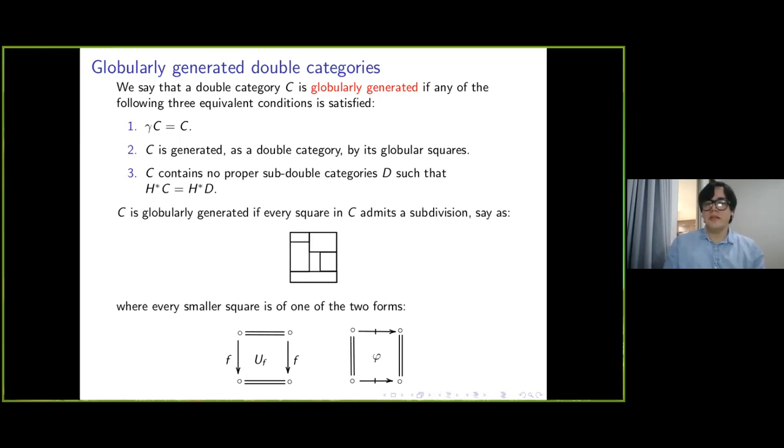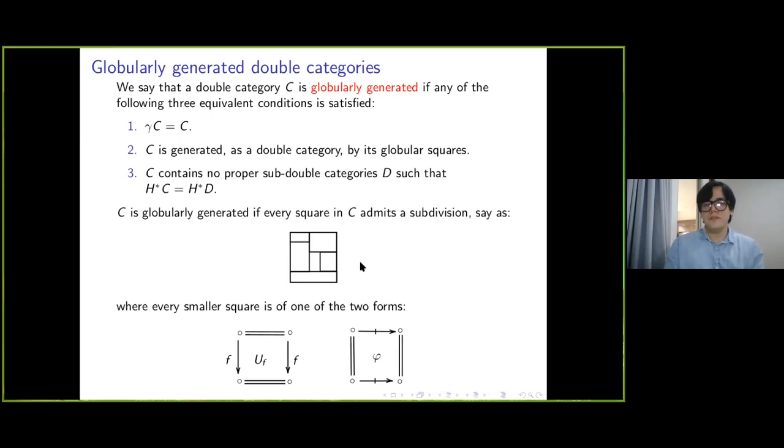So pictorially, a double category is globularly generated if every square of C admits a subdivision like this. So this is a square that is subdivided as vertical composition and horizontal composition of smaller squares, where every smaller square is either a horizontal identity or a globular square. So these are the squares of globularly generated double categories. So these are very easy squares.